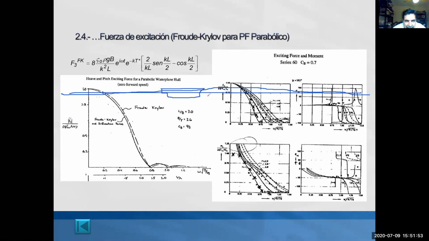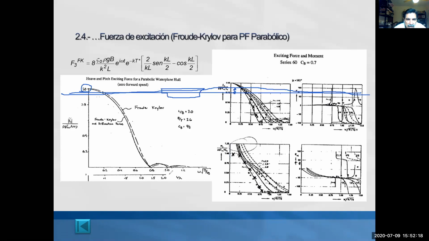So in the end, the excitation is simply the amplitude of the wave times the water plane of the ship and times the specific weight. That's for very, very long waves. That's what we see here.